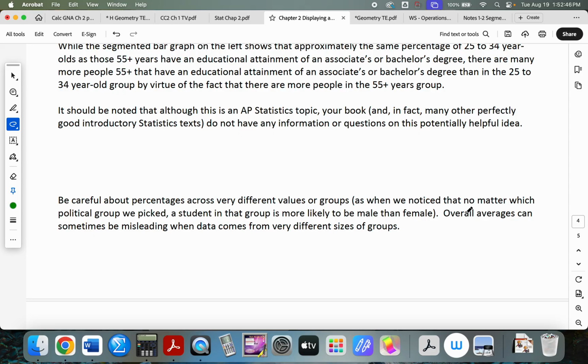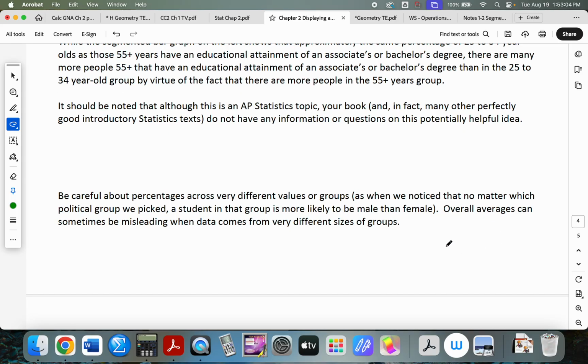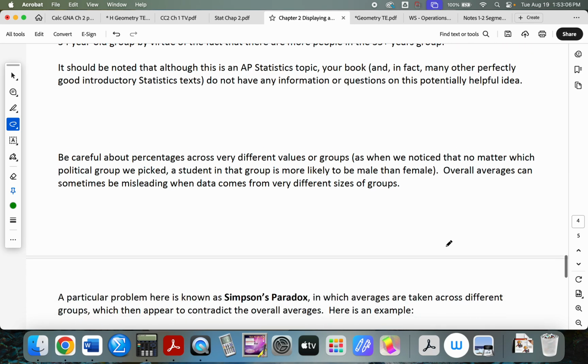You have to be careful about that because they weren't the same size group. People often assume that it's the same size group. This is one of those things to be leery about, okay? Overall averages can sometimes be misleading when the data comes from different sizes of groups.